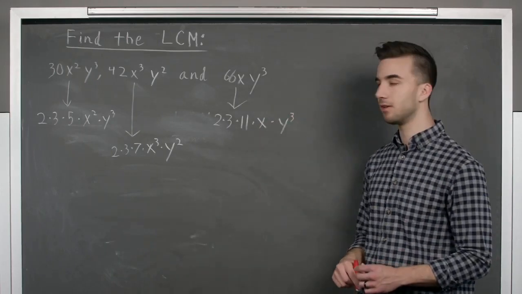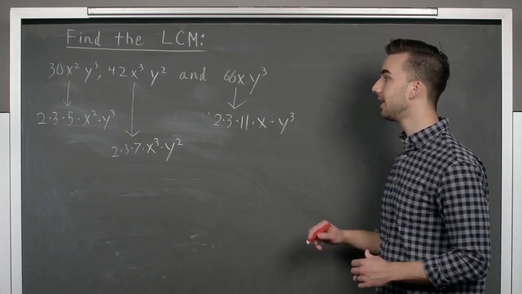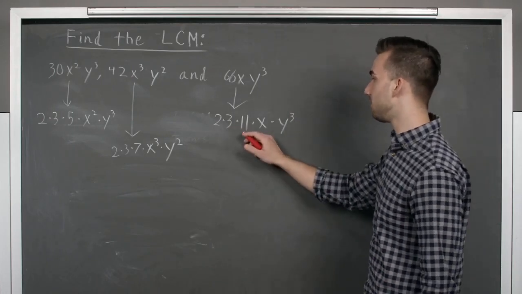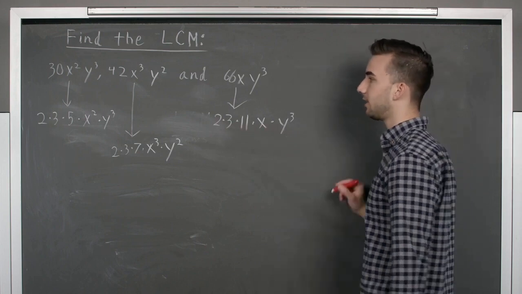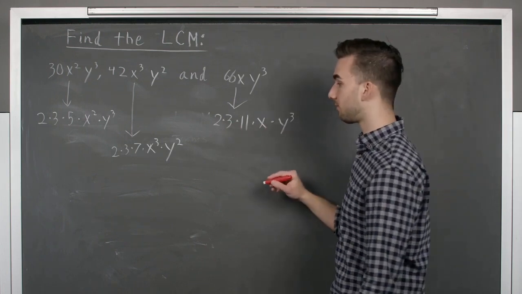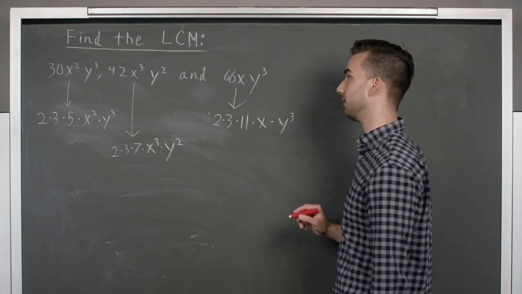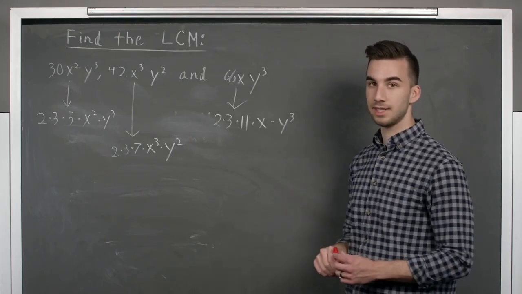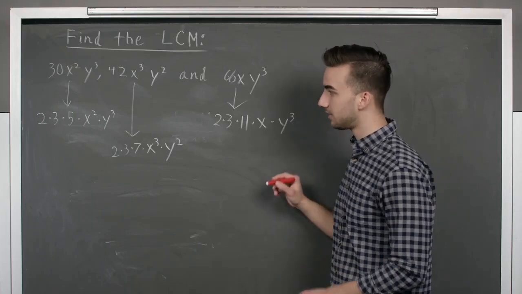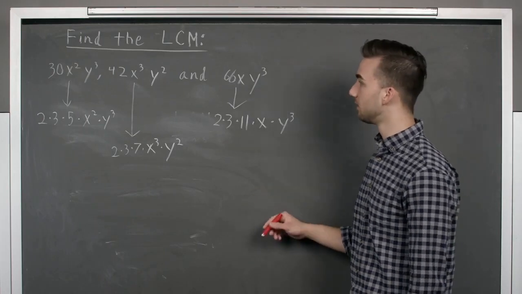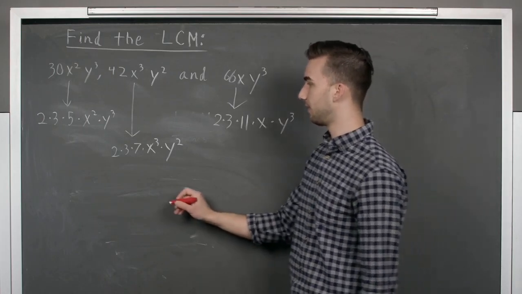The next step for this example is we have to take each individual prime number and variable, and for our least common multiple, we have to use the one with the highest exponent instead of the lowest. Greatest common factor used the lowest. This time we're going to use the highest. So let's start with 2.